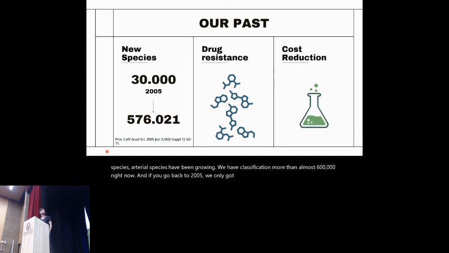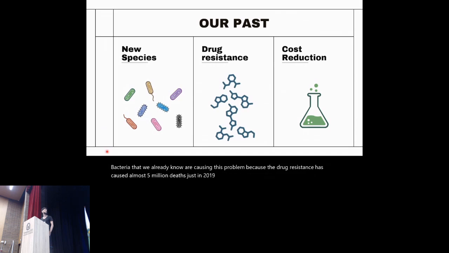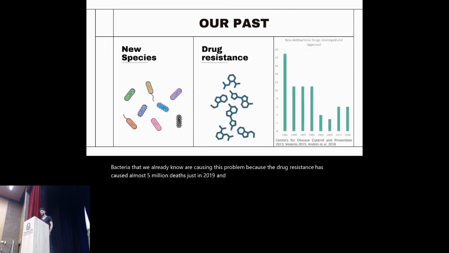On top of that, the bacteria that we already know are causing us problems, because drug resistance caused almost 5 million deaths just in 2019. Also, pharma isn't doing very well, because the number of new drugs developed that reach the market has dropped since 1984, and just right now is getting a little better.